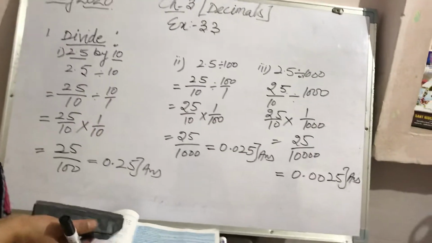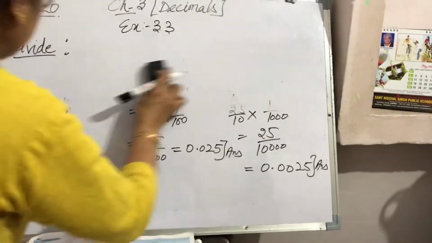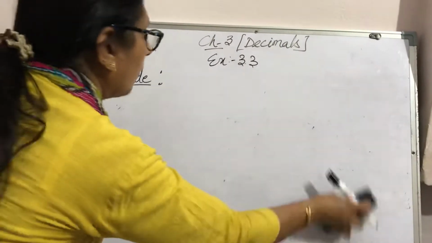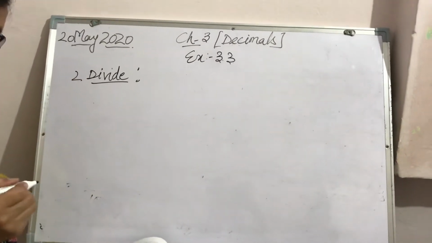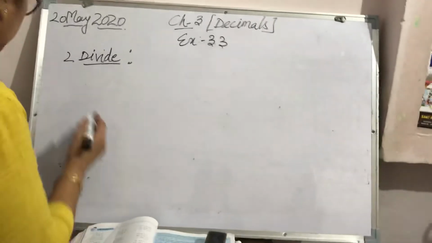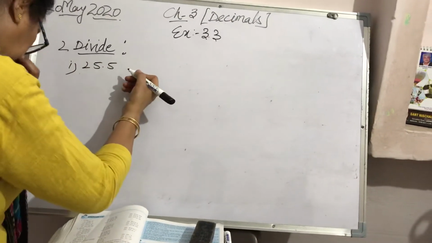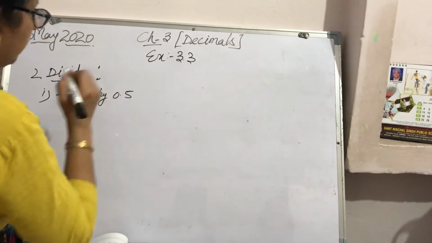Now question number 2 of this exercise. Again, this is division: 25.5 divided by 0.5.